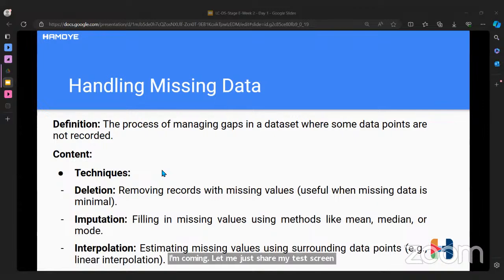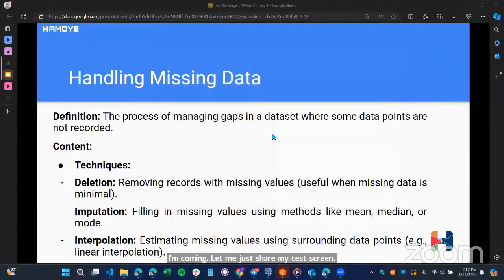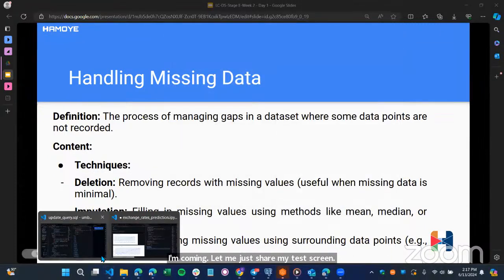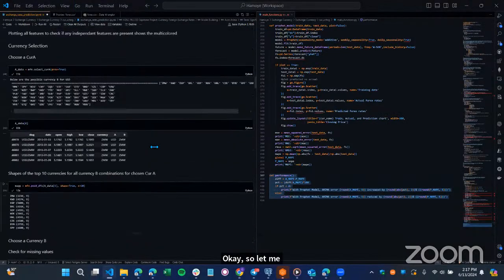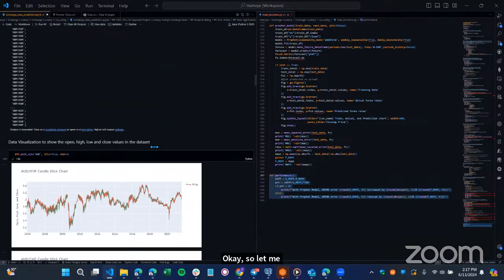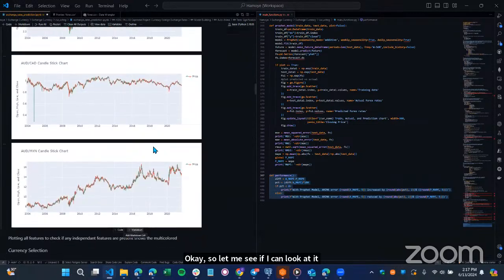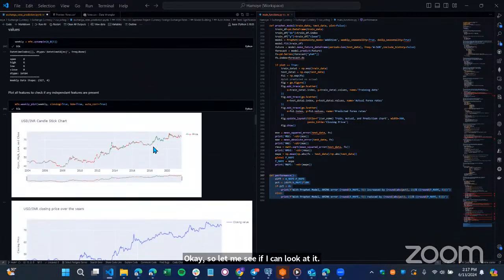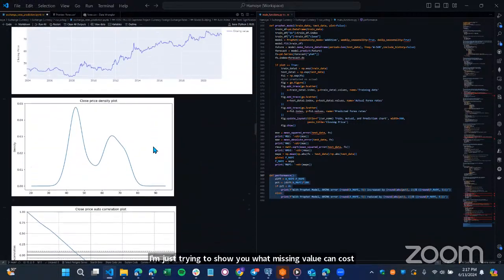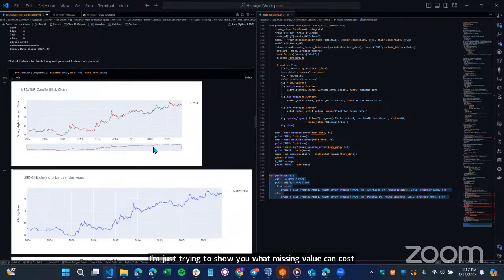I'm just trying to show you what missing values can cause in our data sets. I don't seem to find it here.